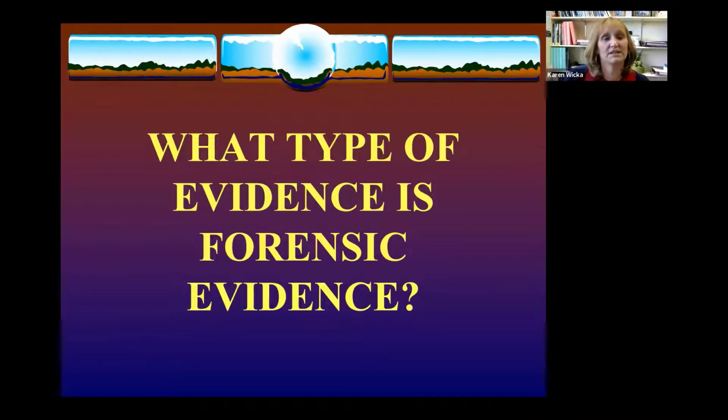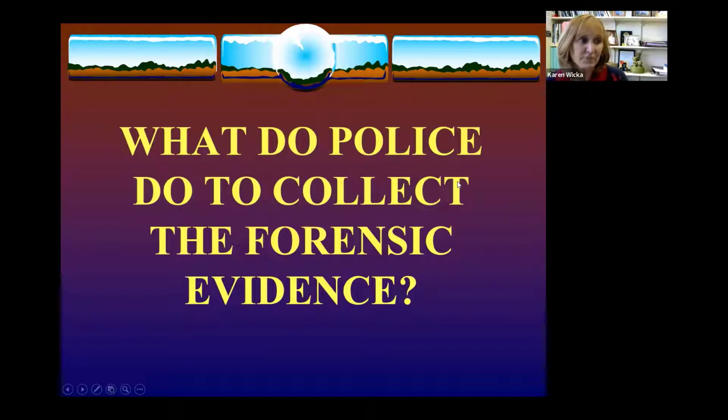All of those things are what we call forensic evidence. And we're going to talk about how procedurally we get to admit that in court as evidence to help identify a suspect.